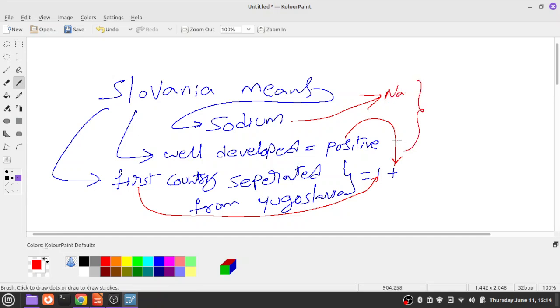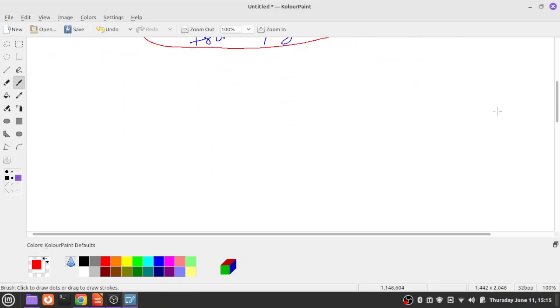So finally you will get sodium has valency of Na 1 plus, because sodium is Slovenia. 1 means first country to separate. Plus means positive development. I say that Na 1 plus.